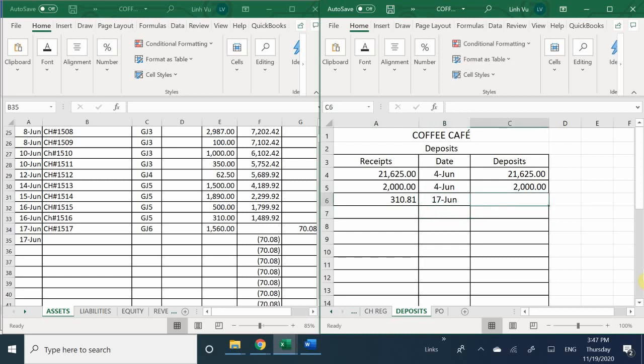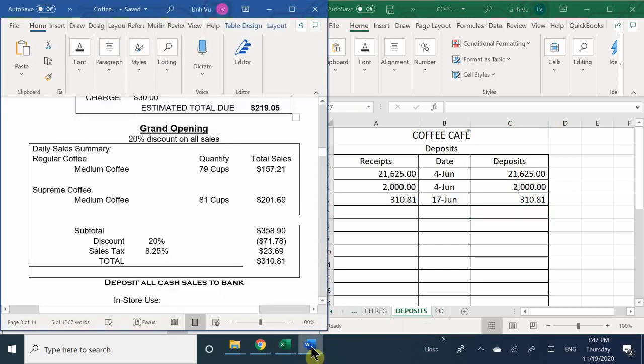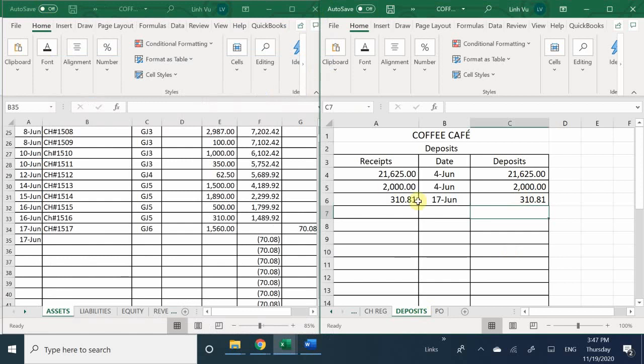So I want to make sure I deposit every penny as soon as I receive it. I'm going to go ahead and deposit the full amount of 310.81. Now, for sure, it's going to go in my bank account.